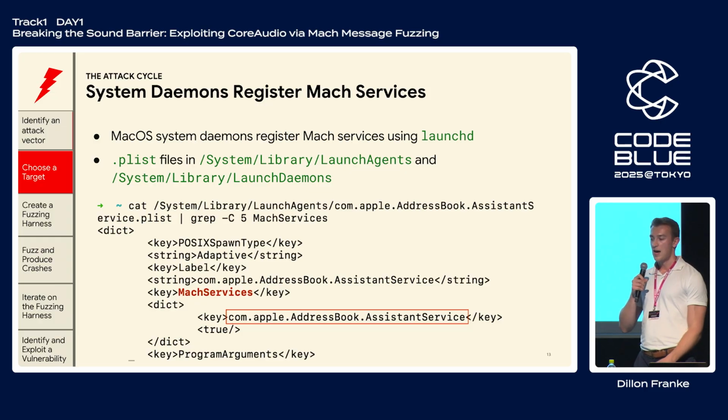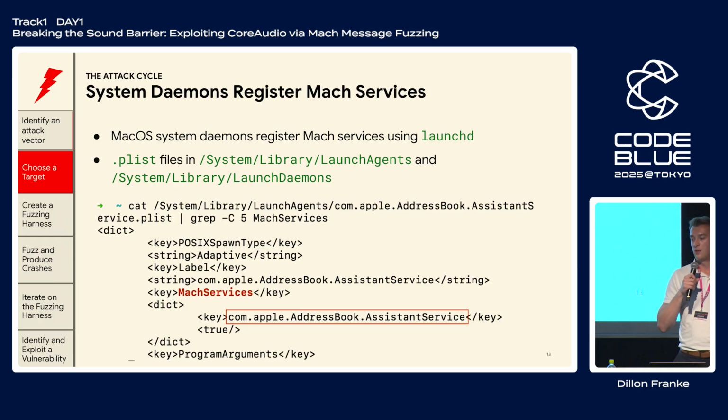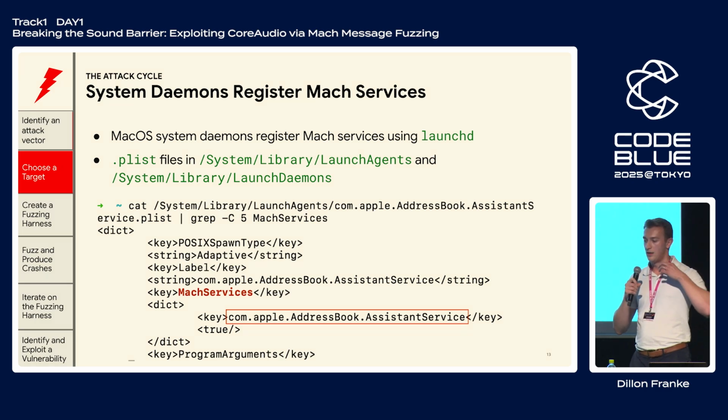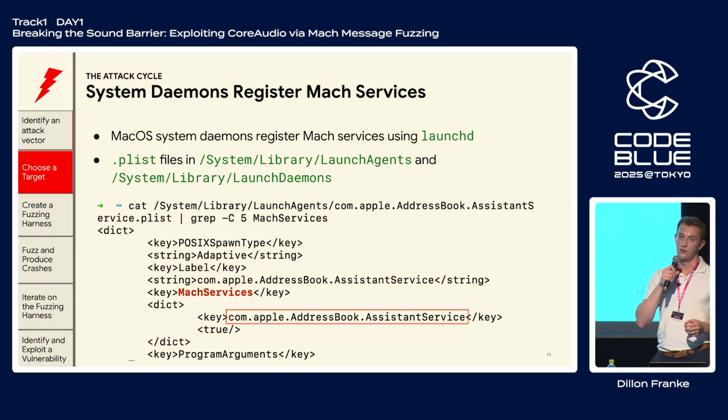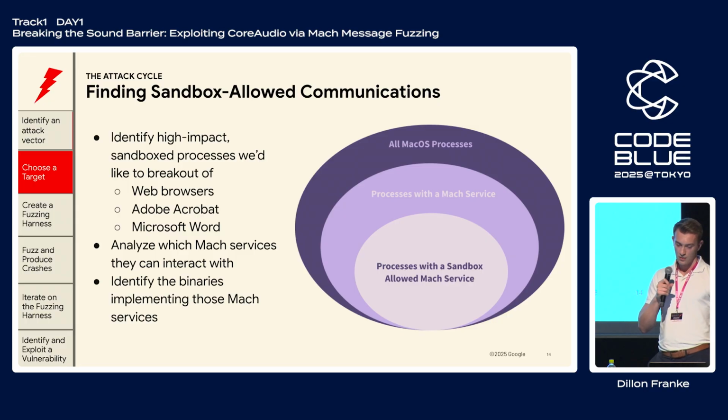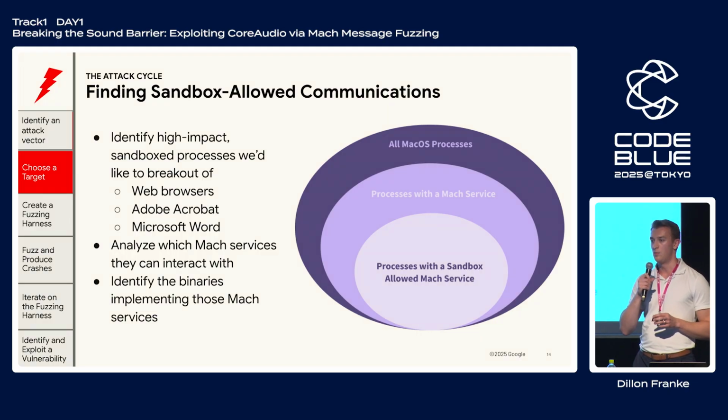We have the address book assistant service. This is going to be a Mach service that runs on the system, and you can connect to and send messages to that service. So cool. I knew I wanted to look at Mach messages. I knew I wanted to find these interesting system daemons running on the system, many of which run with high privileges.